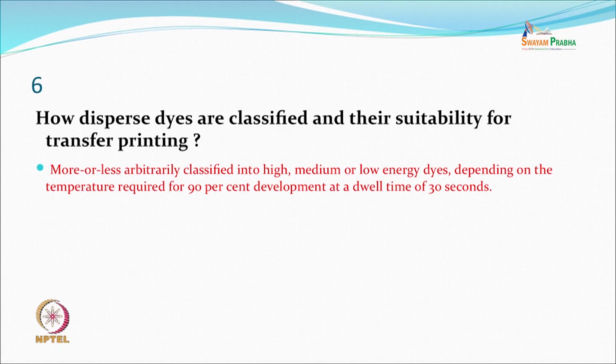So, the higher the temperature required, the higher is the energy of the dye. If 90% goes in 30 seconds, then you are quite efficient. Otherwise, every dye at almost all temperatures which are high enough would keep on vaporizing and diffusing. And if you give more time, more diffusion will take place.